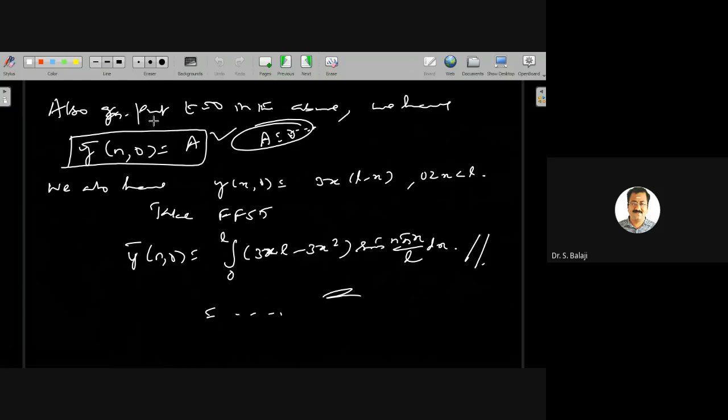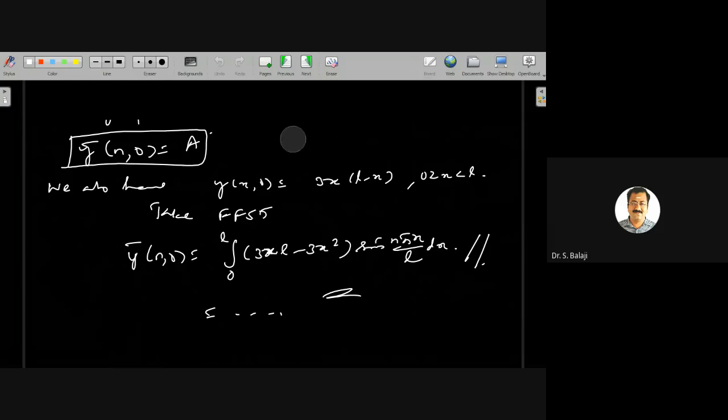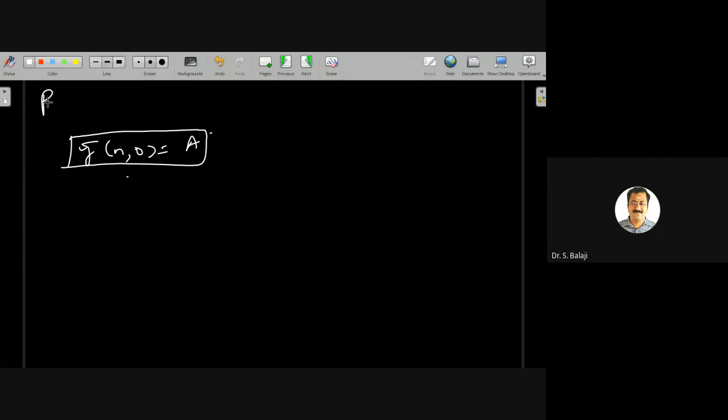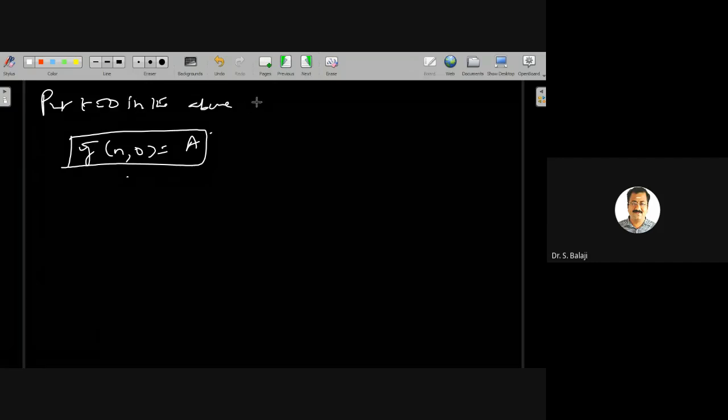Put t equal to 0 in the above equation, and you can get y bar(n, 0) equal to a here.